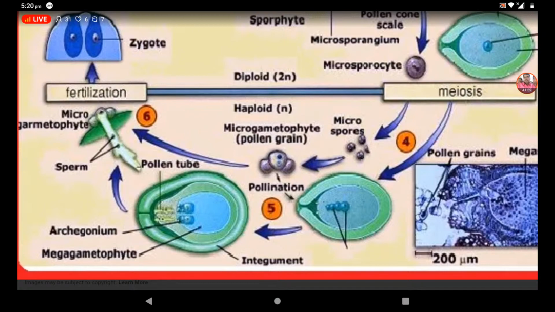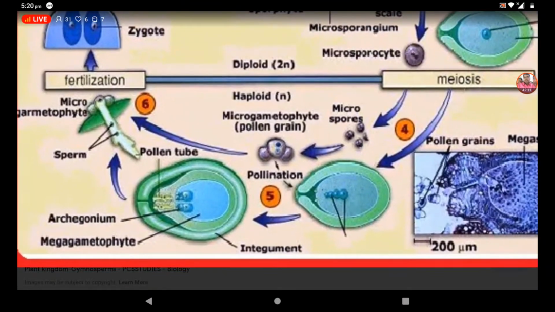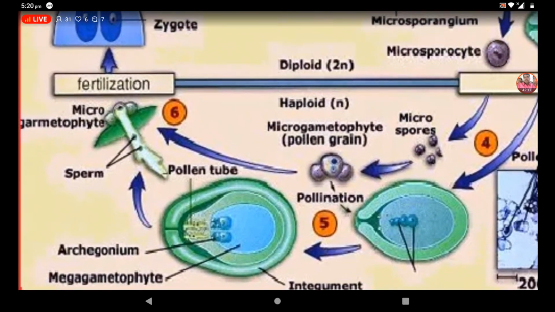Earlier we said that in pteridophytes and bryophytes, as well as earlier thallophyta, a zoidogamous type of fertilization is identified. In gymnosperms and angiosperms, the male gametes are carried only with the help of the pollen tube. That is why it is called the siphonogamous type of fertilization.